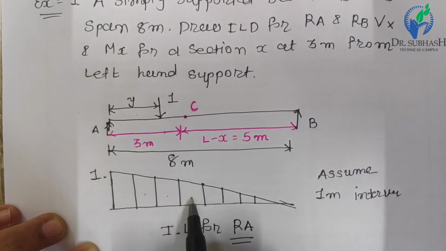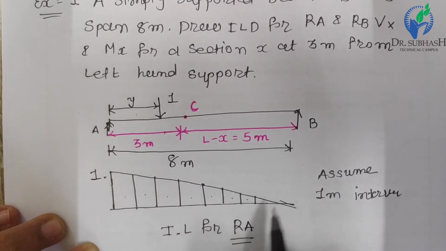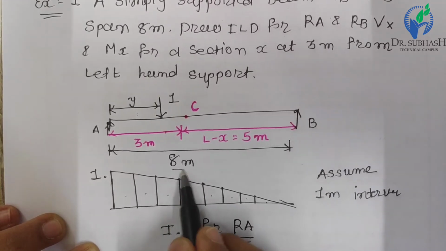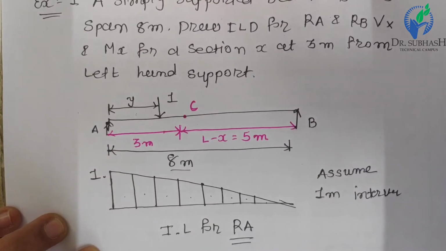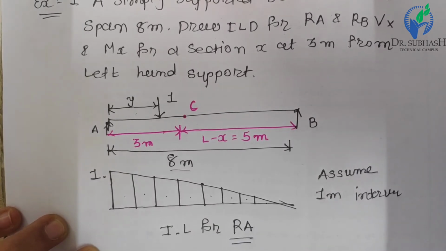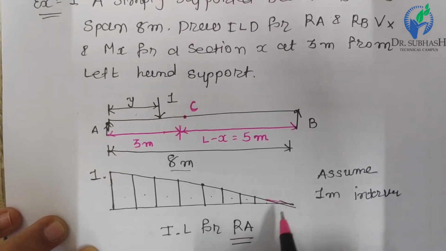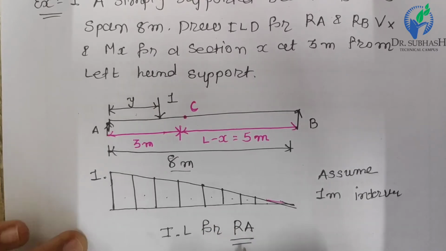Our total span is 8 meter, so we have to draw 8 divisions to draw the influence line of RA.